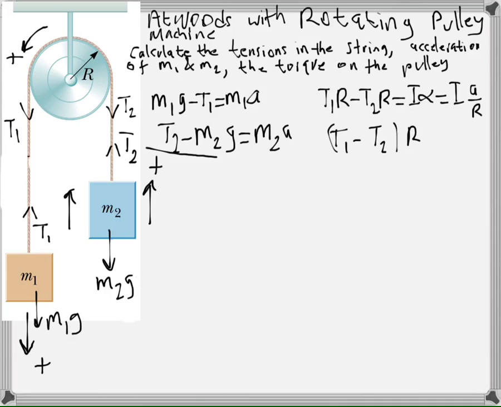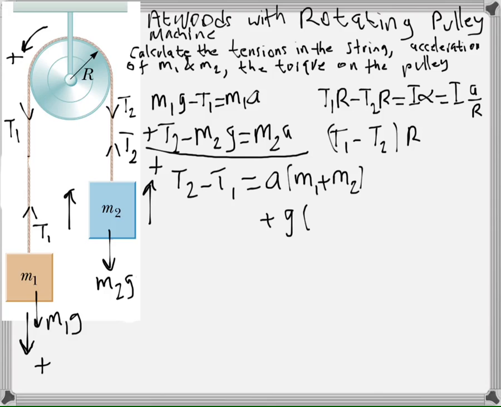If you sum these two equations, you will get T2 minus T1 equal to, on the right hand side you have A times M1 plus M2, right? And plus G, if you pass M2 to the other side, then M2 minus M1. Okay.